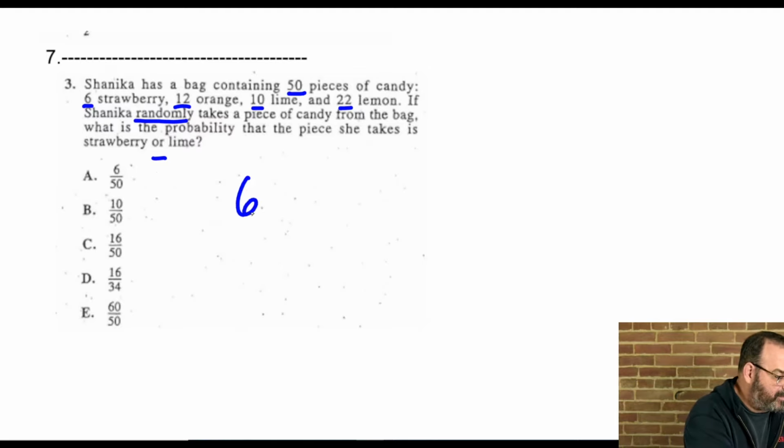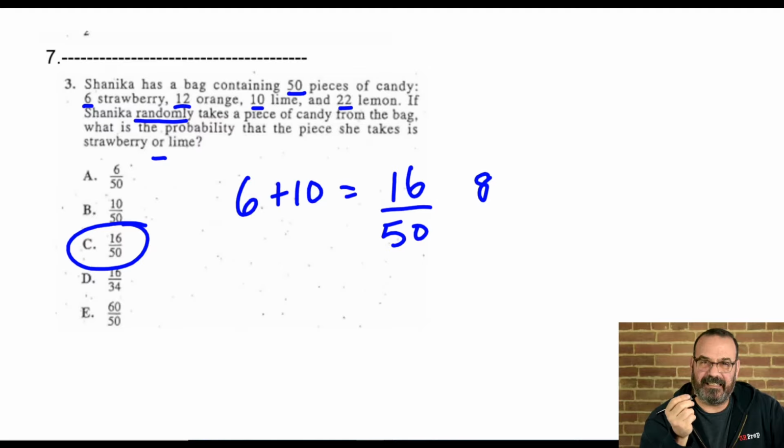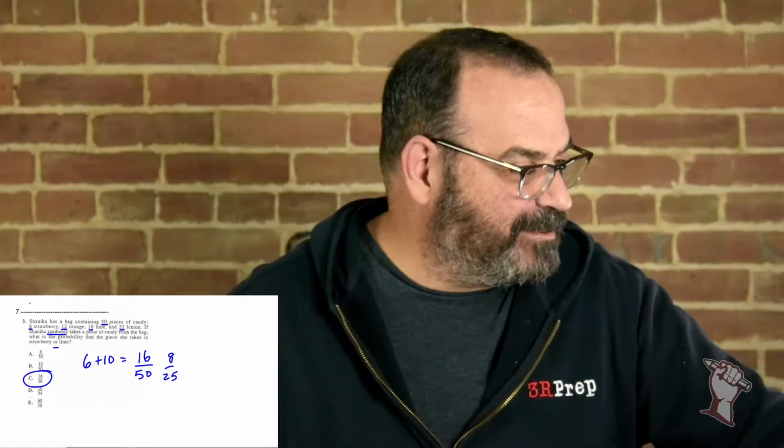So 6 strawberries and 10 limes equal 16 out of 50, which reduces to 8 out of 25. It's really weird that the ACT doesn't reduce. There's no math teacher in the world that would accept 16 out of 50. It's 8 out of 25. They do things crazy. You didn't even have to reduce it.